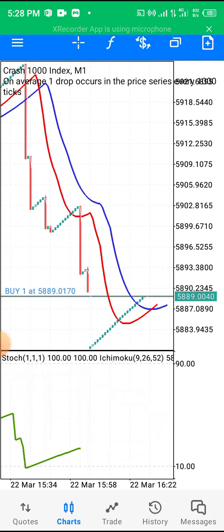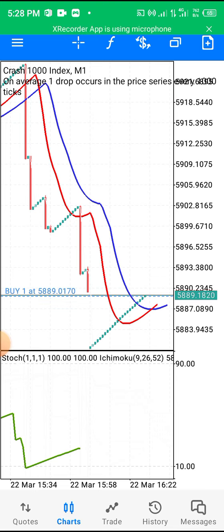Make sure you don't take so much risk. Just trade according to your equity. Don't trade above your equity, because if the trade doesn't go your way, it blows your account. So you always have to apply risk management. Don't take too much risk, just take a risk that you can bear if the trade doesn't go your way.